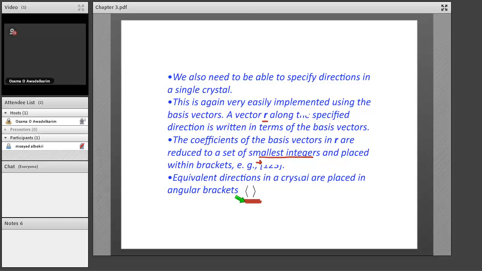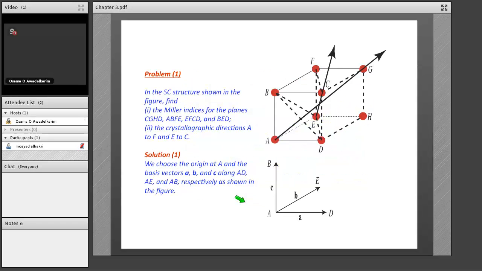So there are many directions that are the same, even though they point in different directions, but they're equivalent in the sense that the arrangement of atoms around them, everything, the morphology, is exactly the same. So you label them as equivalent directions and you put them in a pointed bracket like this one.